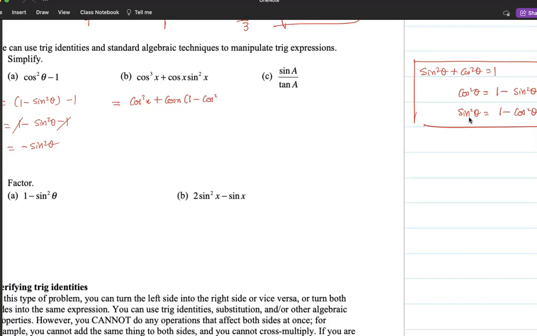Open the brackets: cos cube x plus cos x minus cos cube x. Those two cancel, so it's cos x.